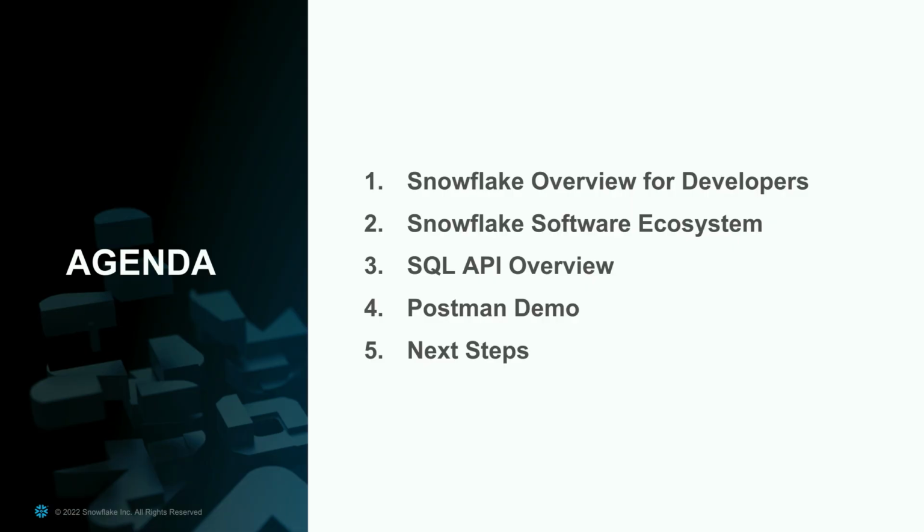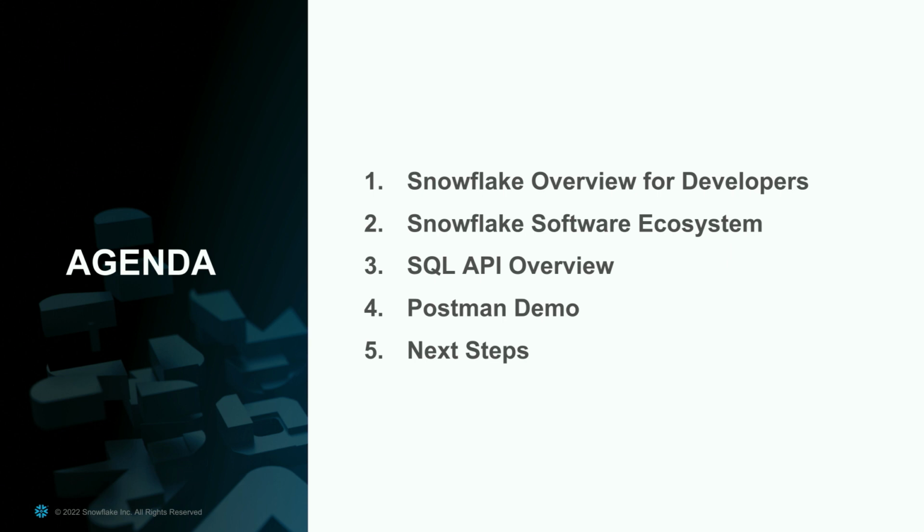Fantastic, and so to really start this off, let's look and see what all we're going to cover today. First off, we're going to show a Snowflake overview specifically through the lens of a developer and what are the different considerations that you'll look at, some of the tools that you have access to, things like that. Next is looking at the Snowflake software ecosystem. So understanding what programming languages you can use with Snowflake, what SDKs and drivers and connectors do you have access to with Snowflake.